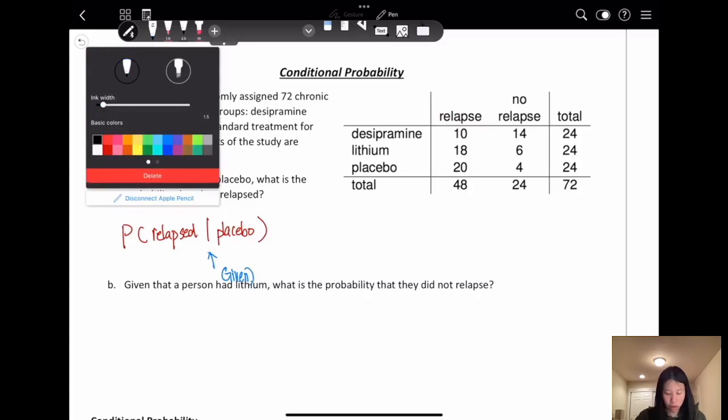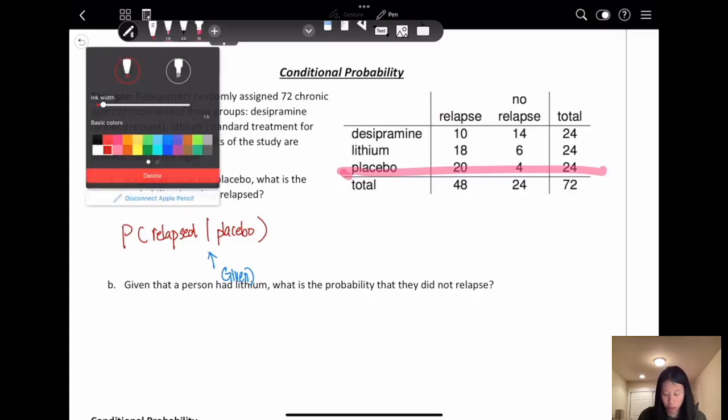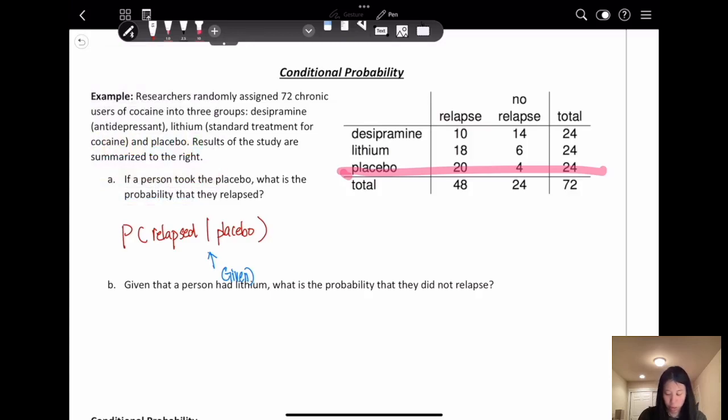Okay, so now take a look. The people who took placebo are here, and then they relapse. People who took placebo and also relapsed, there are 20 people who did that, right?